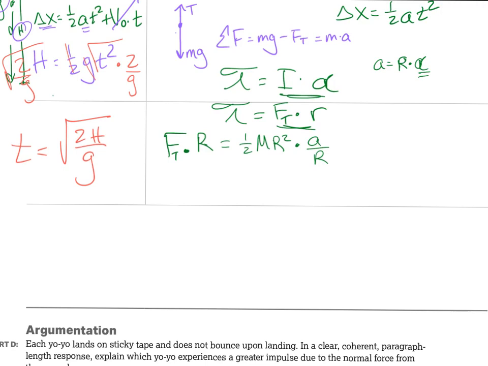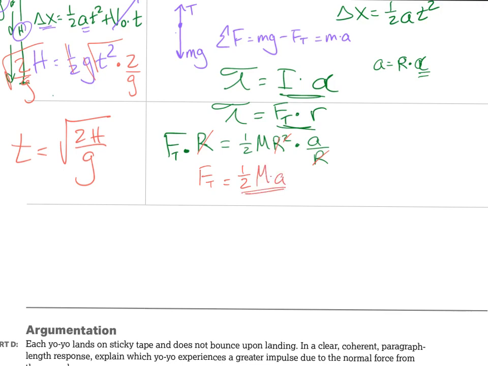So if we start solving, if you look on both sides of the formula, you got a radius here and a radius here that cross out. And so that leaves you with F of tension equals 1/2 mass times acceleration.